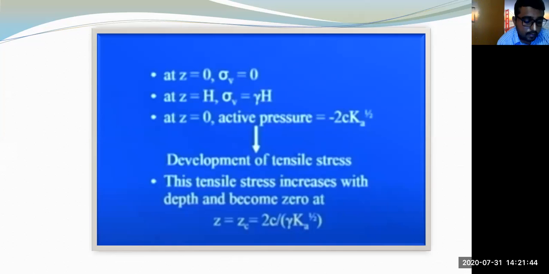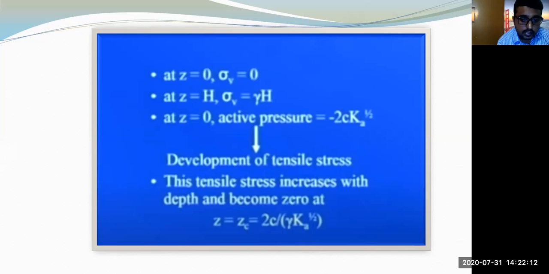So you see that at z equal to 0, sigma v is equal to 0, and so sigma h is equal to 0. At z equal to h, sigma v is equal to gamma into h. At z equal to 0, active earth pressure will become minus 2c root Ka. That is due to the development of tensile stress.